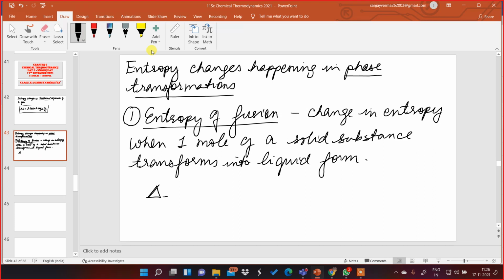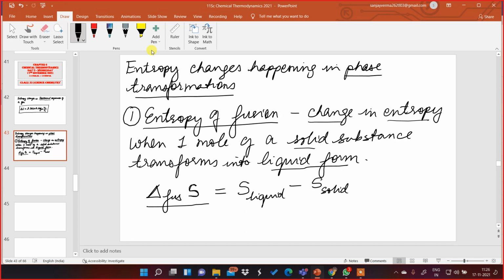Now for this, I will write down the formula: delta S fus, which means entropy of fusion, is equal to entropy of the liquid minus entropy of the solid. This S stands for entropy. So entropy of fusion means change in entropy when 1 mole of the solid transforms into liquid form.